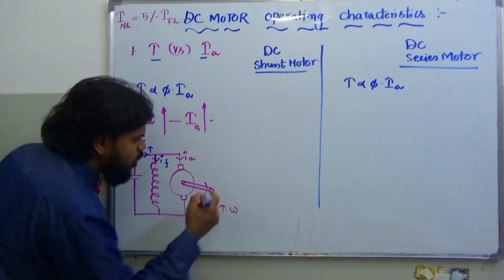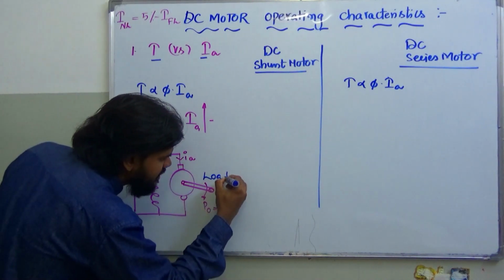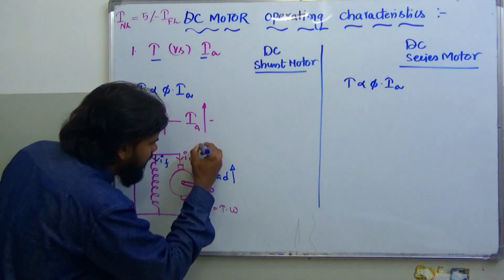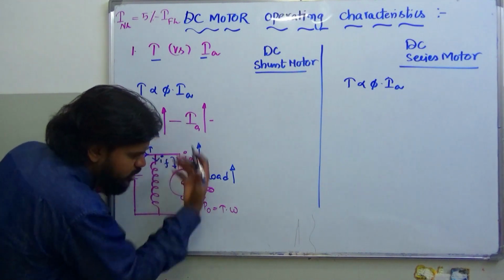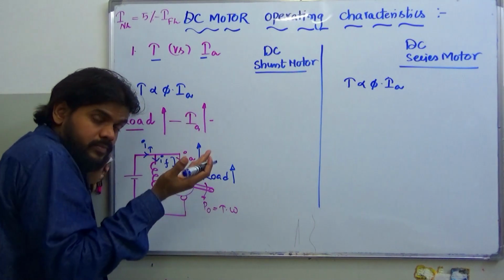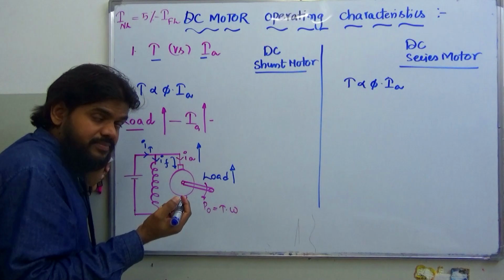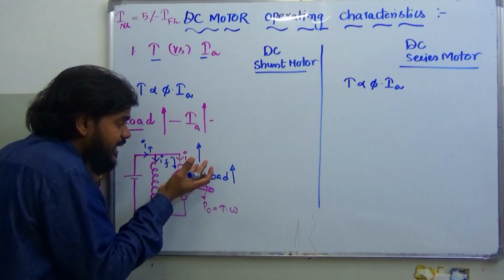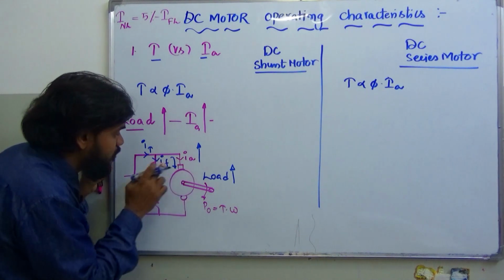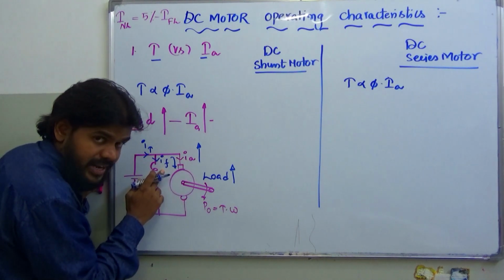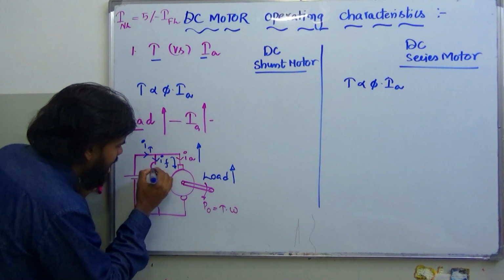As the load increases, what will happen? The Ia, the armature current drawn by the motor, will increase. Are you understanding, my dear? The current will rise. I didn't make any statement about If. So what is If actually?